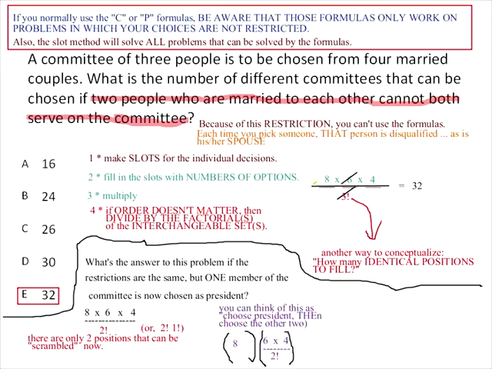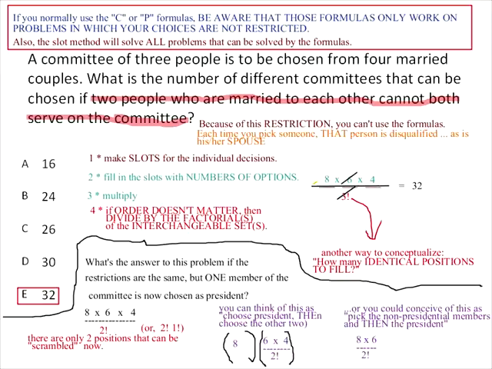Also, there's no reason you got to pick the president first. Or you could conceive of this as pick the non-presidential members, and then the president. In that case, the non-presidential members would be 8 times 6 over 2 factorial.